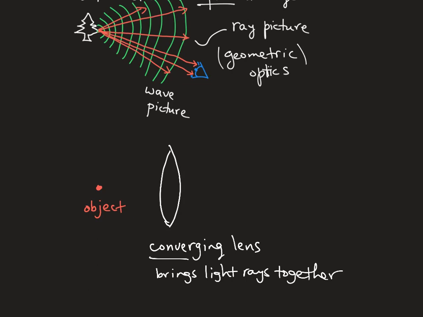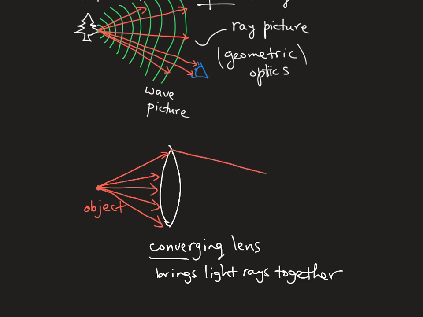What this lens does is it takes light that was coming out in a variety of directions, and it's using refraction, which you'll see discussion of in the lecture notes, to bend the light as it goes through this glass or plastic or whatever is in the lens.